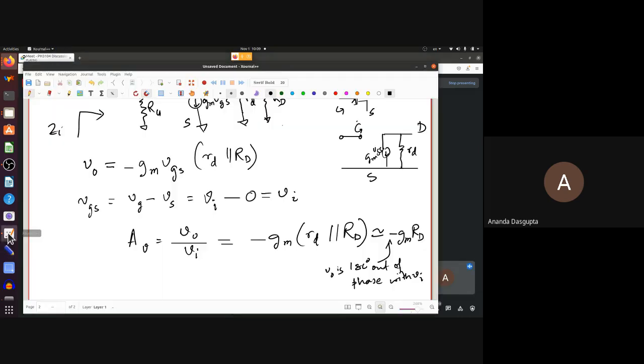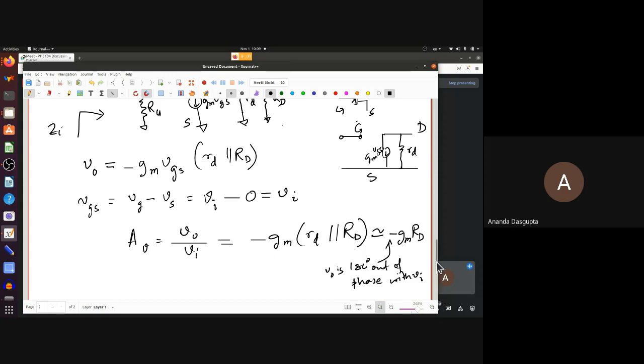For the BJT amplifier, input current going up means output current going up. And if IC goes up, the drop across RC goes up. That means the VCE, what is really the output, goes down. A very similar thing happens here.